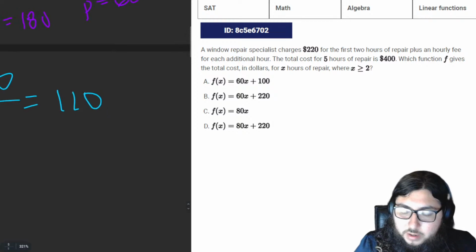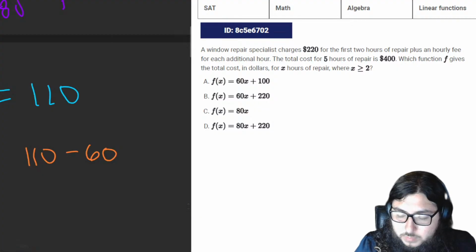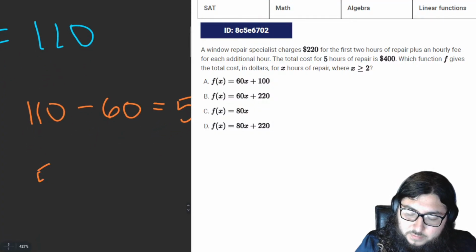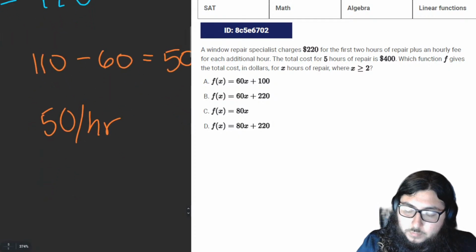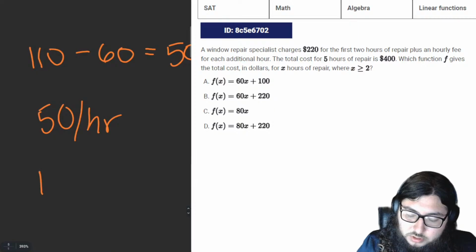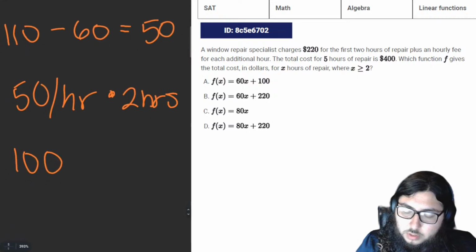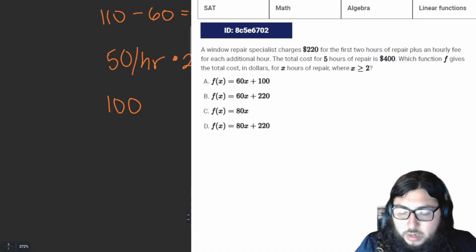If we subtract from that our hourly rate, 110 minus 60, we get that we're getting charged an additional 50 per hour for the first 2 hours. So that means that in total we're going to get charged an additional $100, because 50 per hour times 2 hours is 100. We're getting charged an additional 100 for those first 2 hours.